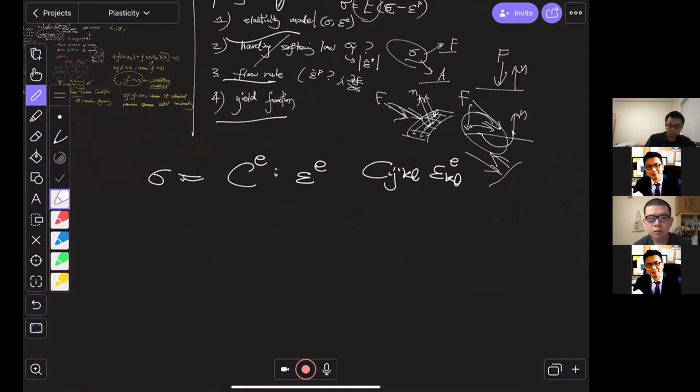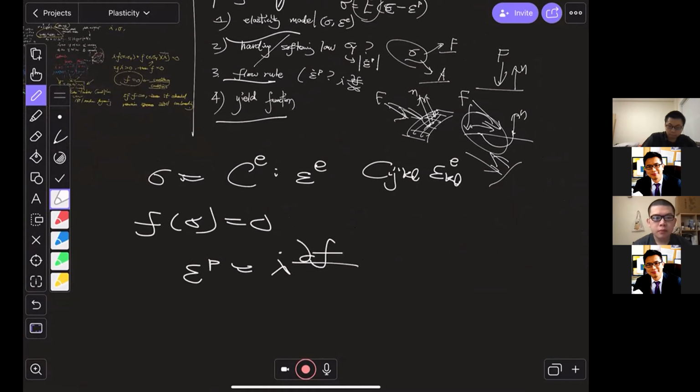And then your U surface, written in terms of the stress matrix or tensor, will still be equal to 0. Your flow rule would be the plastic strain times lambda times the partial derivative of it with respect to the stress. This is the stress gradient, which means it is also a second order tensor.